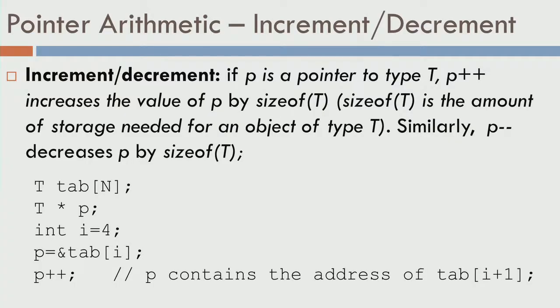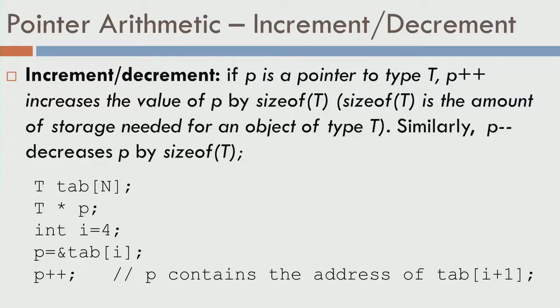The first one is increment decrement. If P is a pointer to type T, so there is actually no data type called T in C. I am using this as a template. Let us say I have a data type called T and P is a pointer to T. T could be an integer, character, floating point, could be anything. P plus plus will increase the value of P by size of T steps.